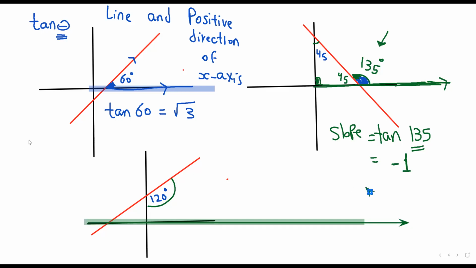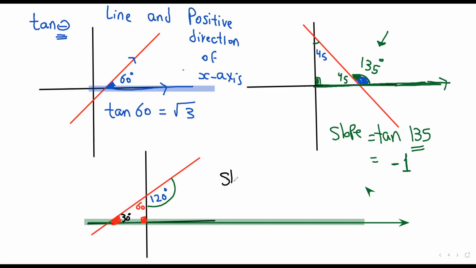So what is the slope here in this case? I want to get this angle to get the slope. This angle is 120, so this angle is going to be 60. And the triangle is right. This triangle is right, so I can get this angle. This angle is equal to 30.